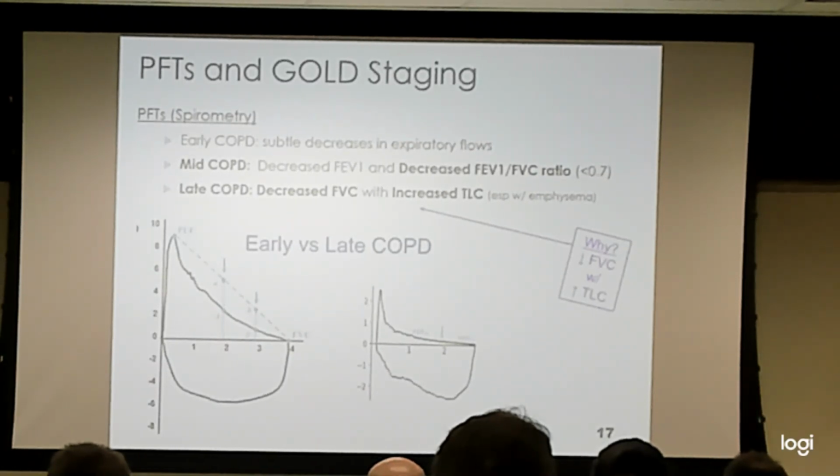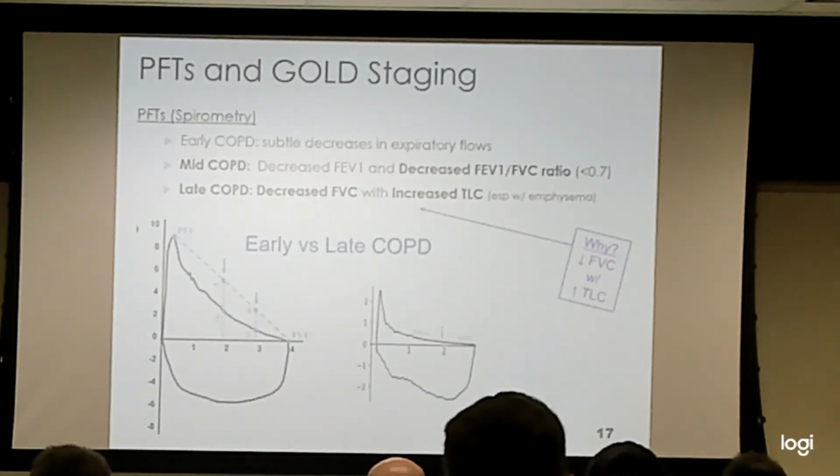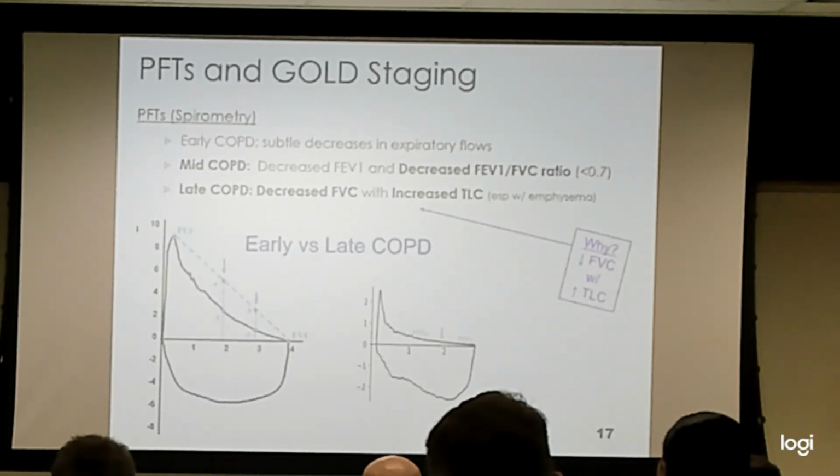We see that in the dynamic test of forcing that air out over 1 second. We say it's decreased because you're trying to blow through a straw and the air cannot go out the way it normally goes out in terms of flow. So decreased FEV1 and then of course the ratio.